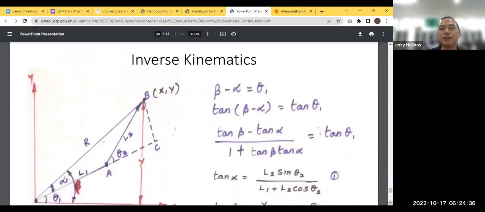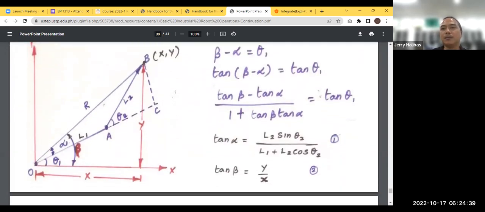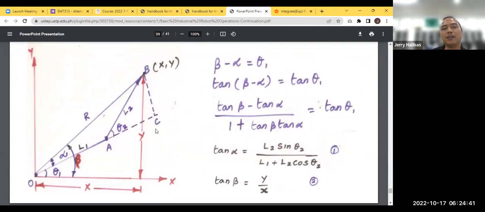This also relates to theta, alpha, and beta, where tangent theta is equal to the tangent of beta minus alpha by the property of tangent. You can expand it, solve for tangent alpha and tangent beta, and substitute.